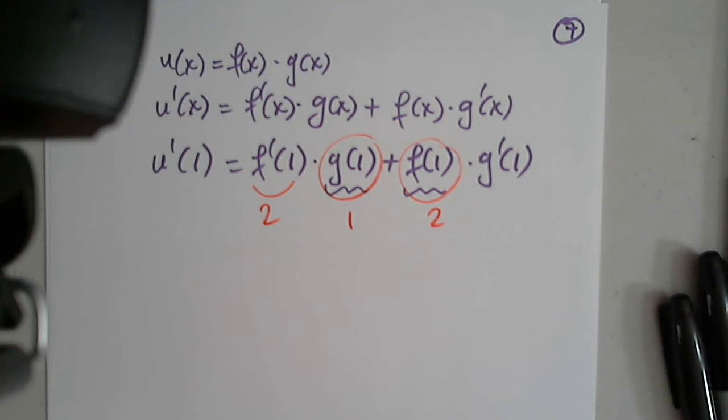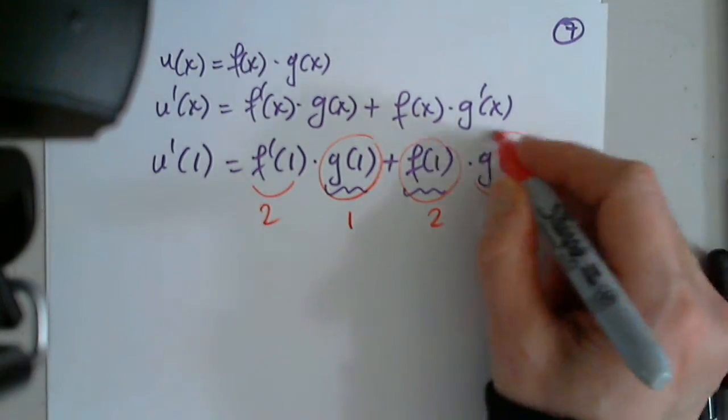This time, g prime of 1 is this. Obviously, it's a negative slope because it's a linear function with a negative slope. And I would like to use also the corners of the grid. So I see a 4 and I see a 4. So this line has a slope of negative 4 over 4, which is negative 1.